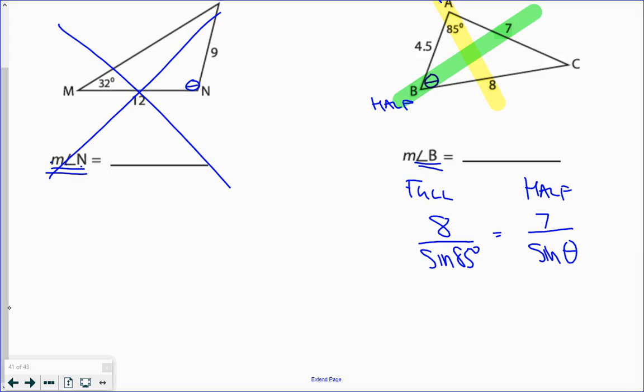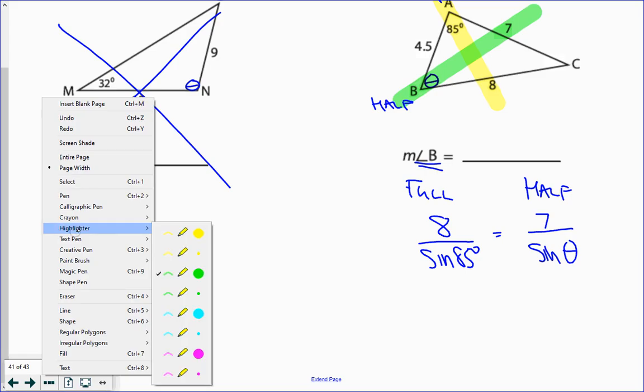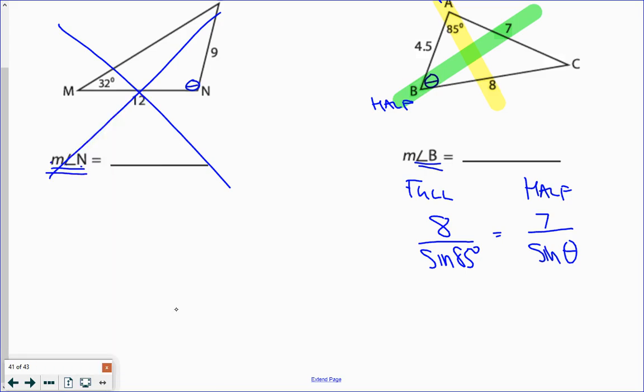Okay, so this one, the diagonal is going to change a little bit. Remember, just like we did in SOHCAHTOA, the diagonal is the one that doesn't have the x. So here's your x, so this is the diagonal that we use.